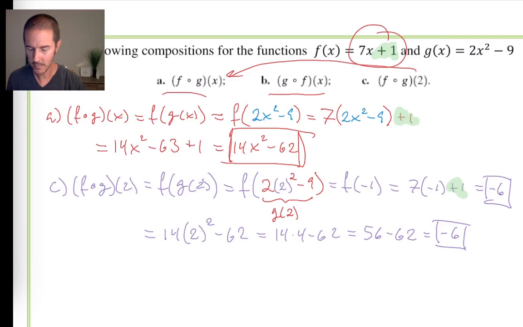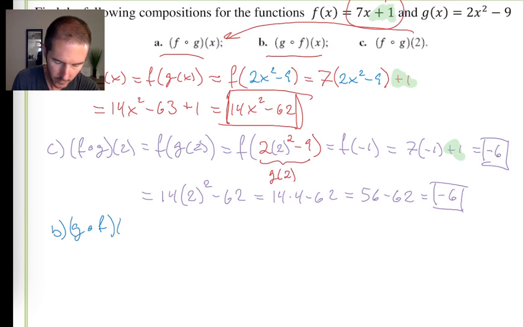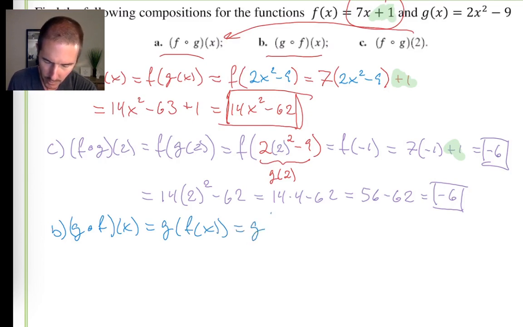And lastly, let's build g of f of x. I'll use my preferred notation. G of f of x, which is equal to g of what is my f function? 7x plus 1.